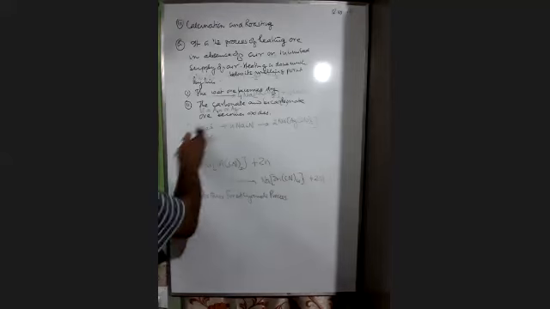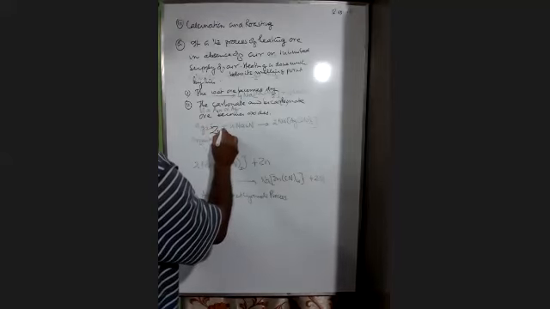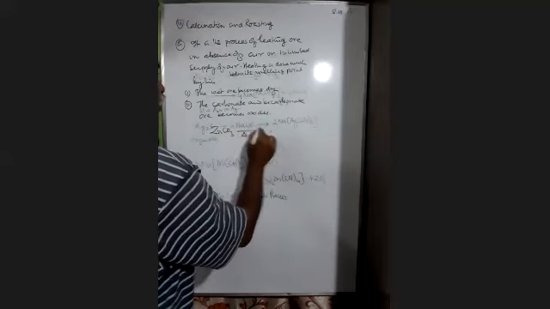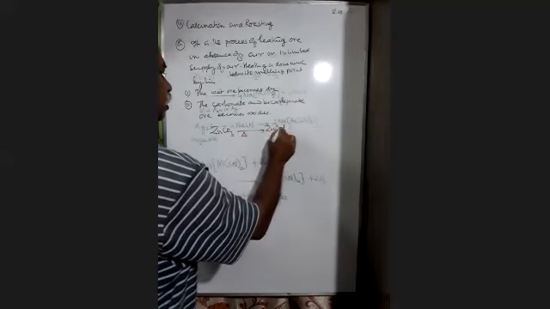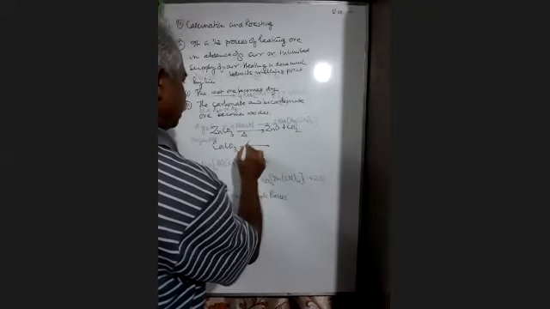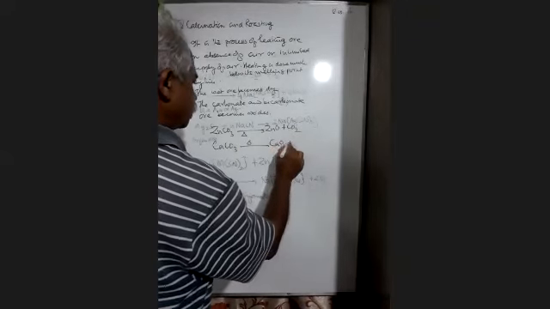See here, suppose I have taken zinc carbonate. If you heat it, you get zinc oxide and carbon dioxide. Similarly, limestone, if you heat it, you get calcium oxide and carbon dioxide.